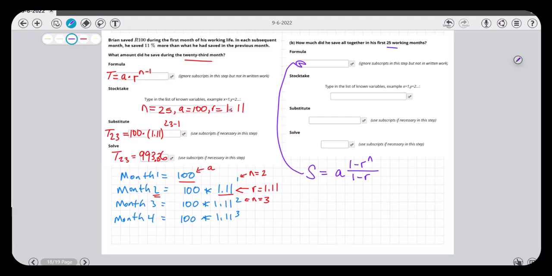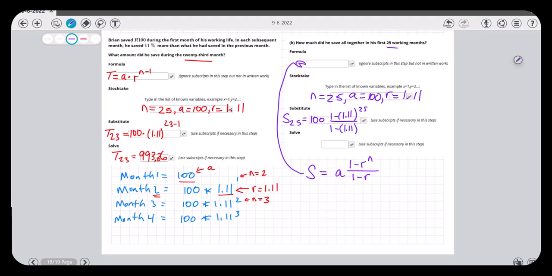It said the first 25 working months, so N equals 25, A is still 100, R is still 1.11, so that didn't change. To substitute for 25, I'm going to get 100 times 1 minus 1.11 raised to the 25th power, divided by 1 minus 1.11.